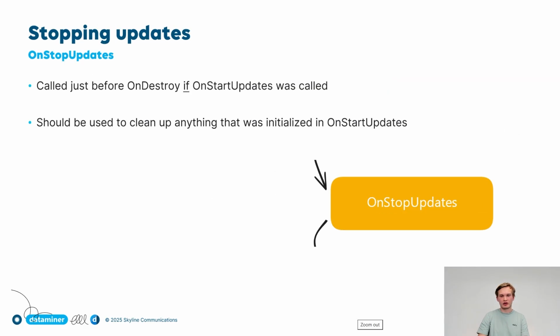We also have the on-stop updates, which is called before the on-destroy, but only if on-start updates is called. So make sure that this only gets used to destroy things in your class if updates are enabled.